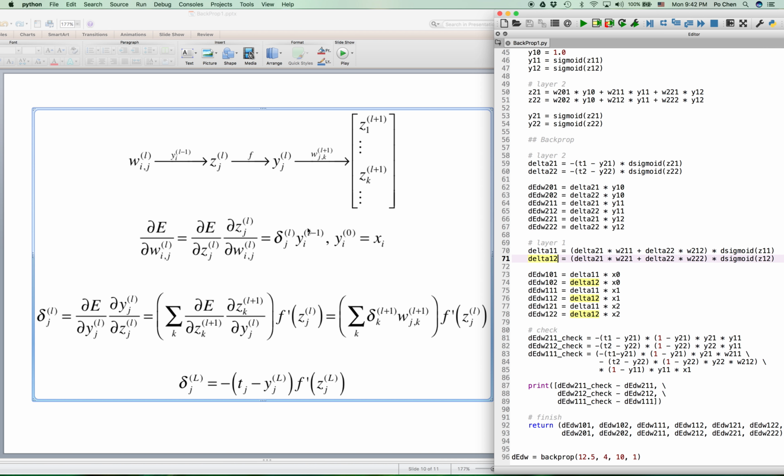So it's y 0 i. We have to use this part of the algorithm, where y 0 i equals x i. So we must use the corresponding input x value with the same subscript. That's why we have x0, x1, and x2 here, because all the y 0 i are replaced with x i.